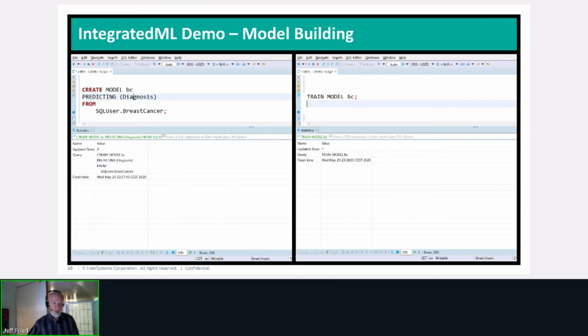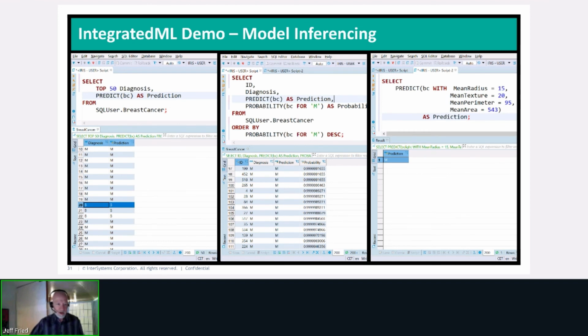The system knows from the dimensions of the table and the data types what's there. You're predicting a particular column, and a lot of the feature engineering or dimensionality of the data is encapsulated right there. To train the model, it's a simple verb, train model, and then you can use it using a predict verb.